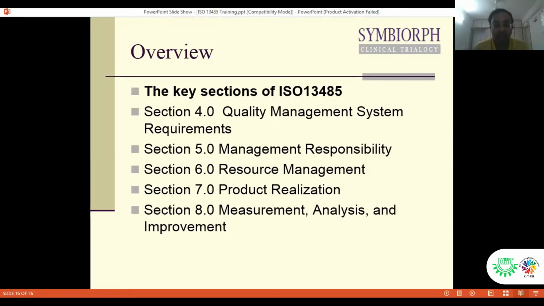So therefore, ISO 13485 is still applicable to you, whether you have your own manufacturing facility or you are outsourcing your manufacturing to some other companies.